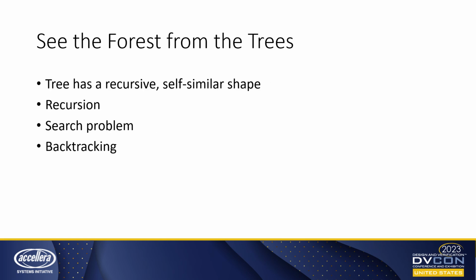So perhaps initially focusing on these existing tools and techniques might blind us from appreciating the big picture, that in particular, we're trying to randomize a tree structure. Consider that a tree has a self-similar shape. The branching points look similar to the root of a smaller subtree. Recursion often deals with self-similarity and problems that can be divided into smaller similar subproblems.